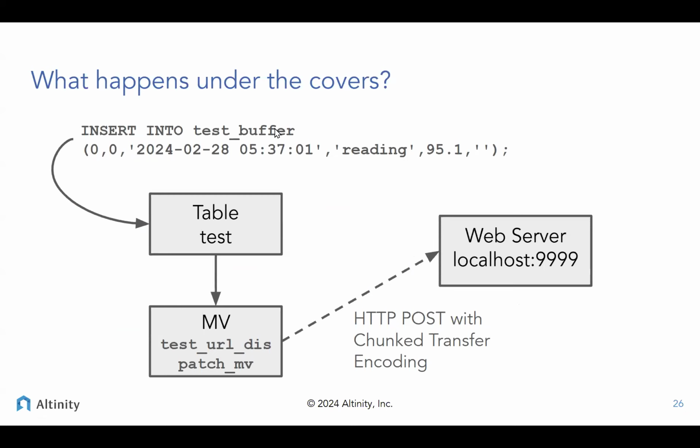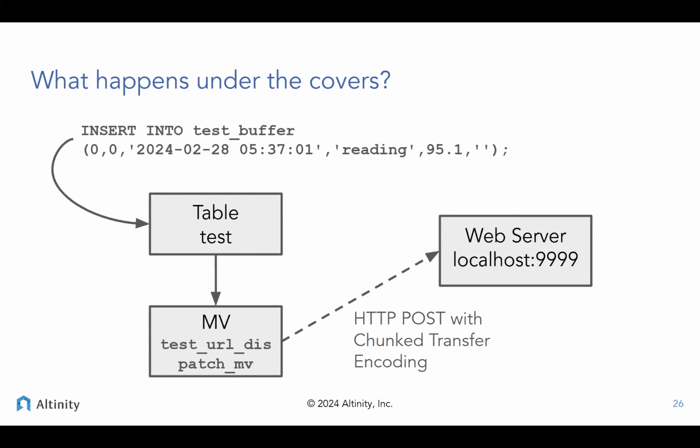So we insert into the test buffer. So assuming we have a buffer table, it's going into test. The materialized view fires. And in this case, what it's now going to do is send an HTTP post with chunk transfer encoding. This is actually kind of important because if you just have a simple, what you could do is build a very simple client that just reads posts.